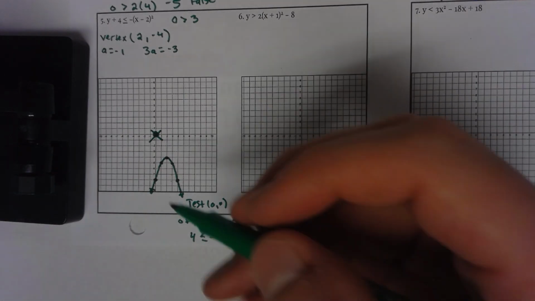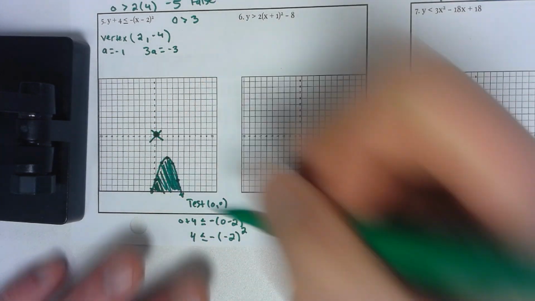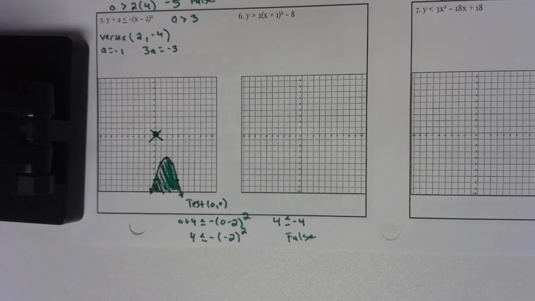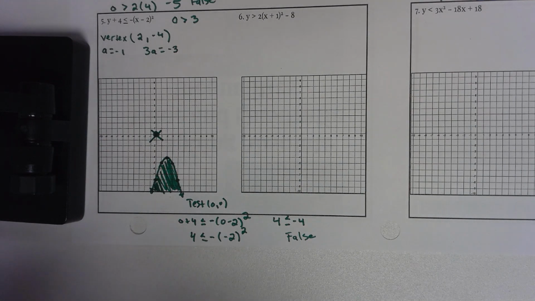Rather, we're going to shade the inside part. And again, think about the shading including the actual line that we graphed, because of the or equal to and the solid line there. Questions here?